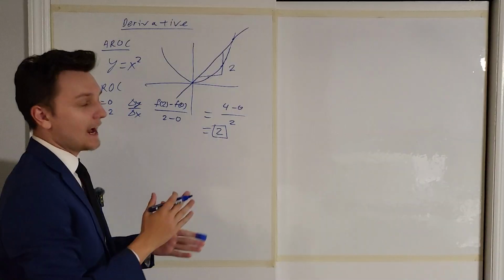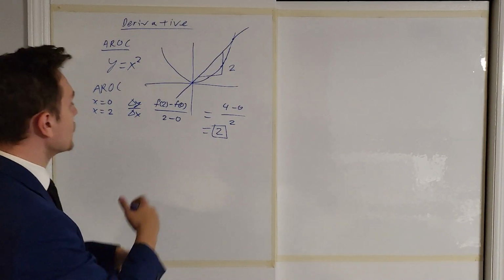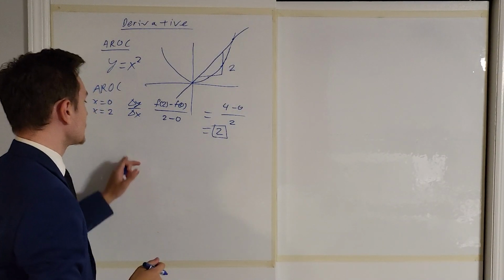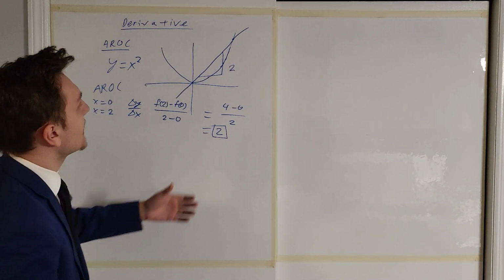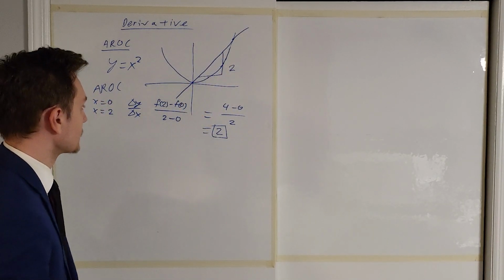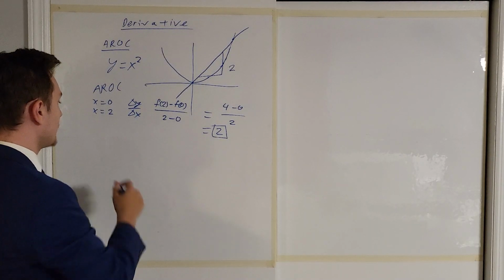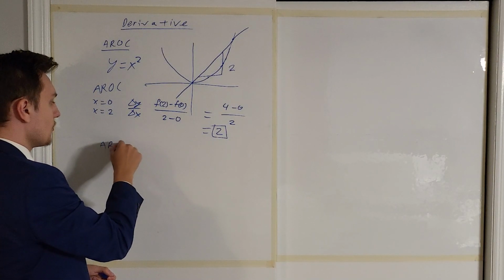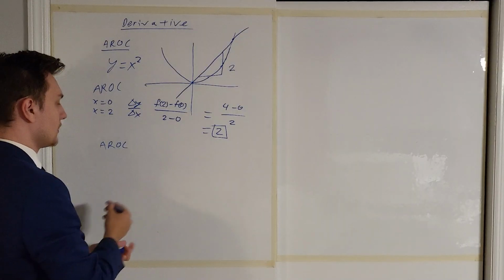So I can find the average rate of change of my function over an interval, but what happens as I take these 2 points and I keep moving them closer and closer together? Okay, I find the AROC over a smaller and smaller interval.